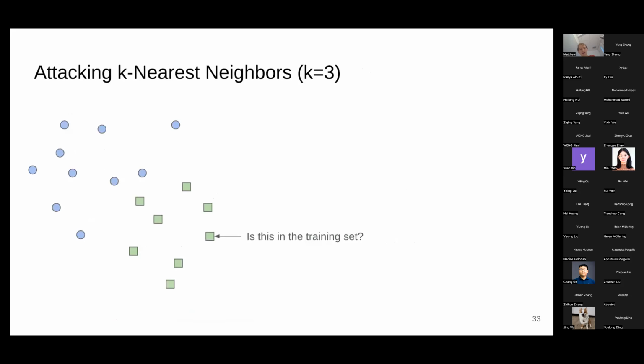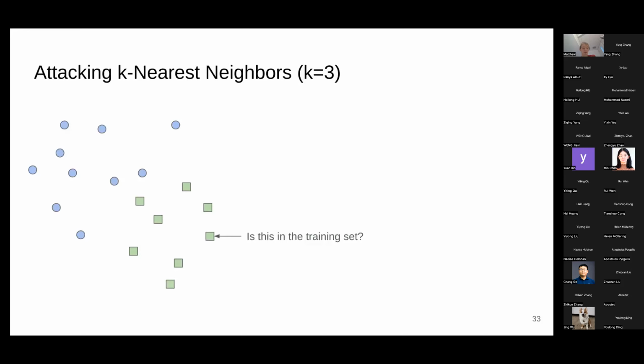And to give you a little bit of intuition for this, I want to show you the exact same binary classification data set. And our goal is to determine whether this one little square was contained in the training set or not. So it turns out that whether this point was in the model or not, the 3 nearest neighbors decision boundary ends up being exactly the same, at least if I drew this correctly.